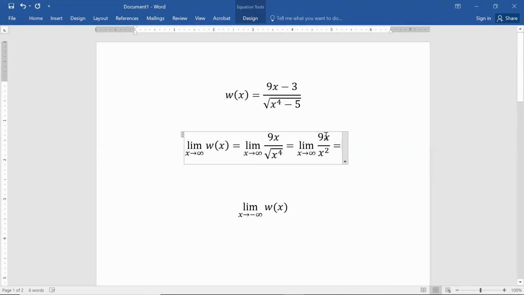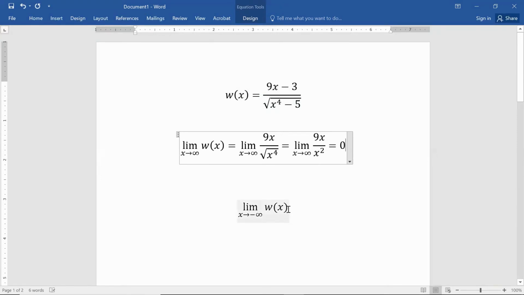We have a rational function, 9x over x squared, that I can simplify, or I can just notice that the denominator has higher degree than the numerator, and so I get 0. One thing we need to be careful of, as we have really big values of x, you could plug in values that are really big x's.